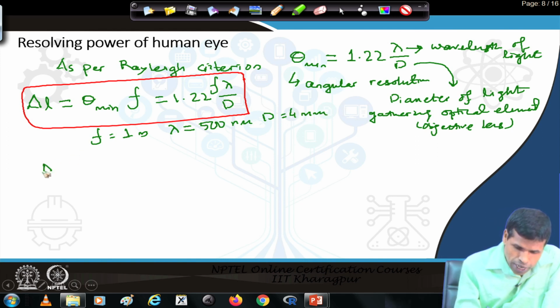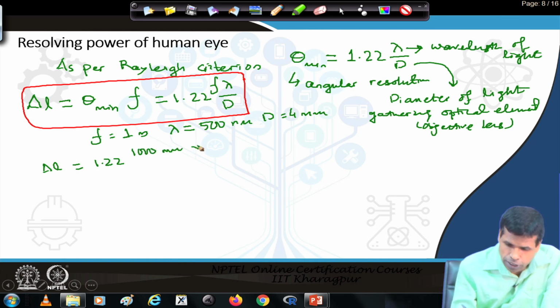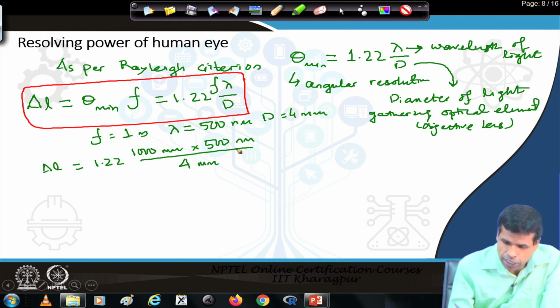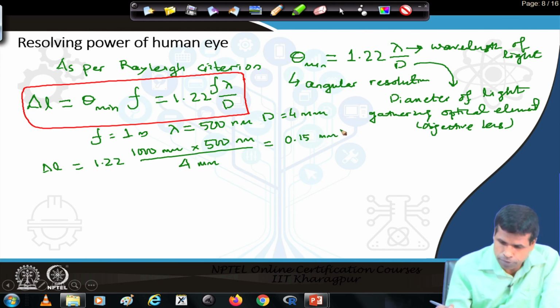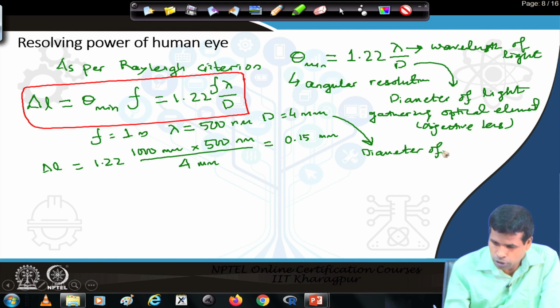Then we will have del L equal to 1.22 times 1 meter, which we can write as 1000 millimeter, times 500 nanometer, divided by 4 millimeter, and that would give us around 0.15 millimeter. Remember, d is the diameter of the pupil in the eye.